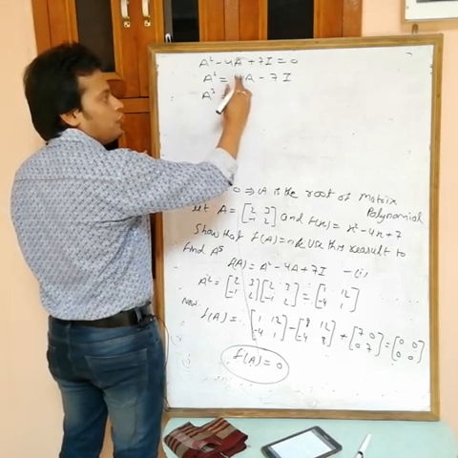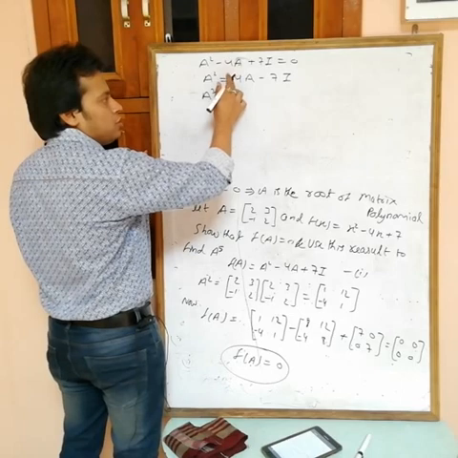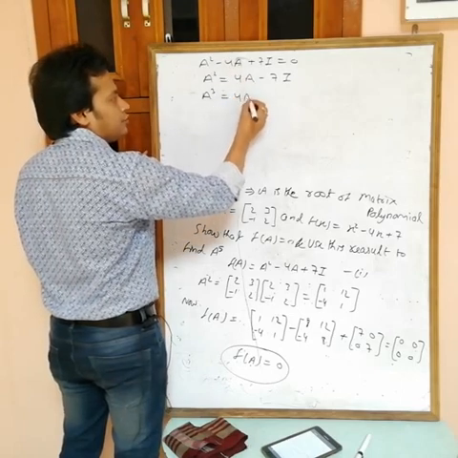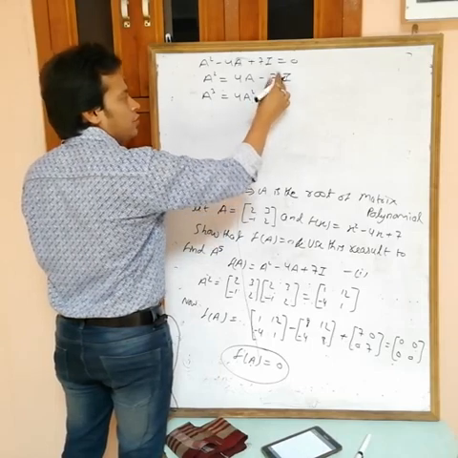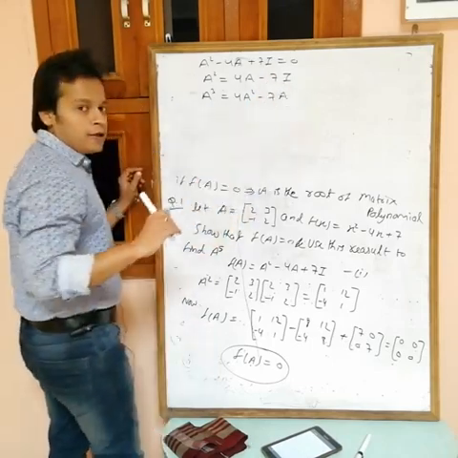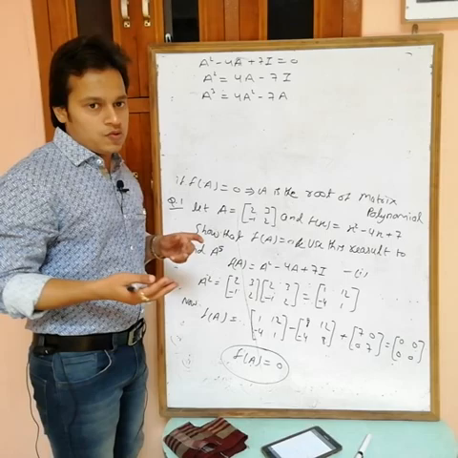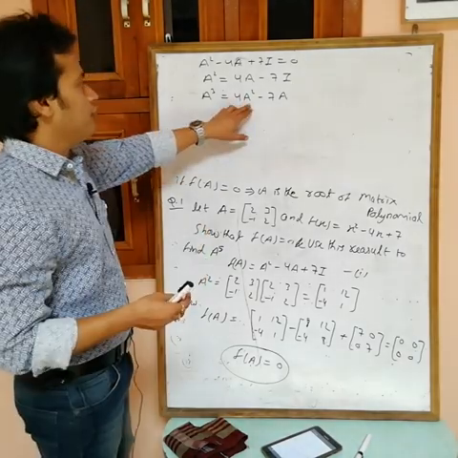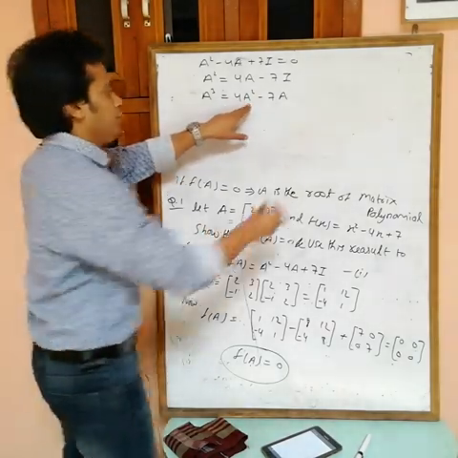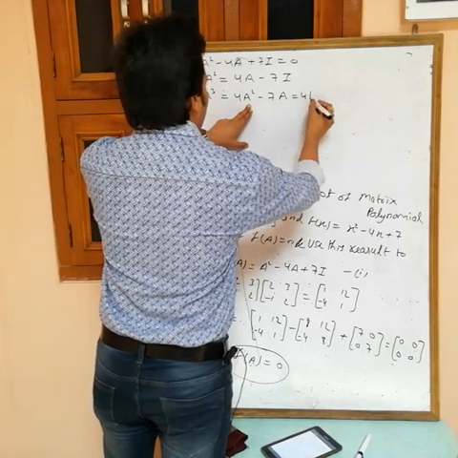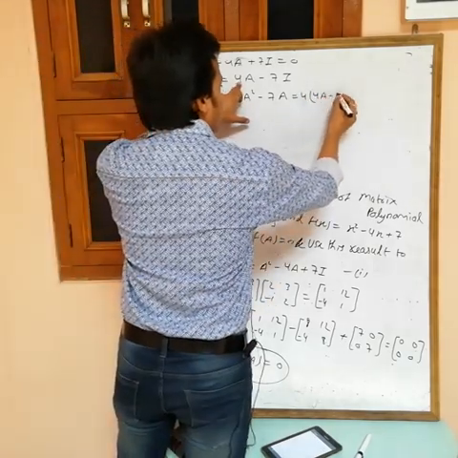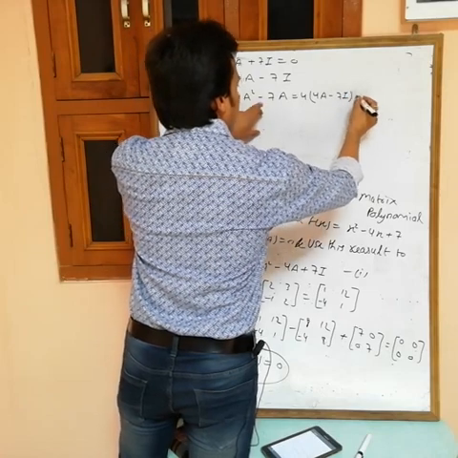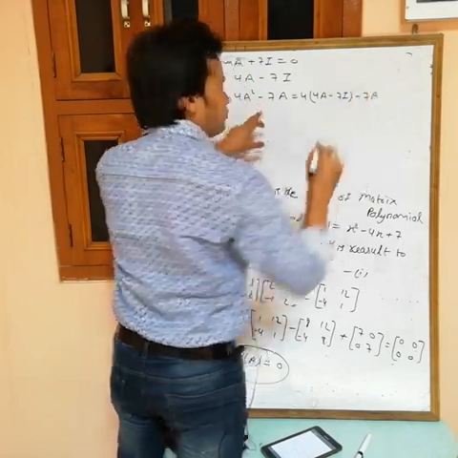Then A into 4A is 4 A squared, and A into 7I is 7A, since A into I is A. Now put the value of A squared: 4 times (4A minus 7I) minus 7A.